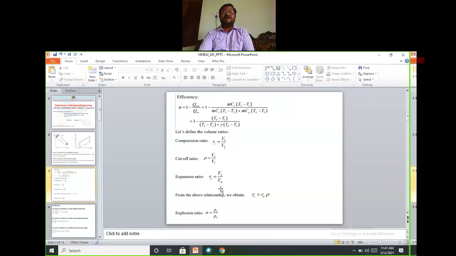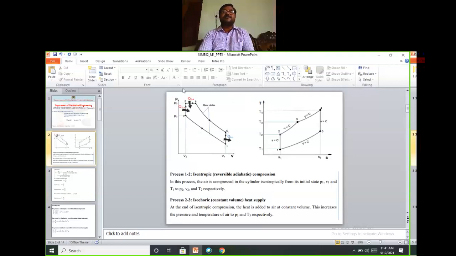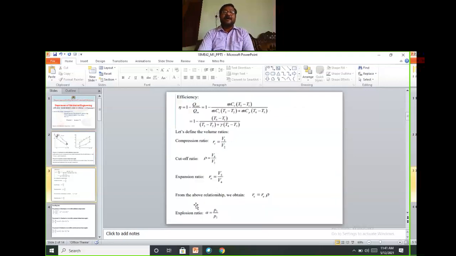And then the expansion ratio is V5 by V4. From the above relationship, the compression ratio is equal to expansion ratio re into cutoff ratio rho.